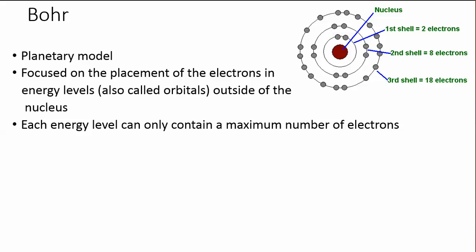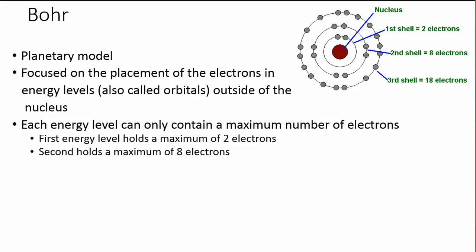Each energy level contained a maximum number of electrons. The first energy level could hold a maximum of 2, the second 8, and the third could hold up to 18. Recall that they don't always have that number. That depends on how many electrons are in the atom.